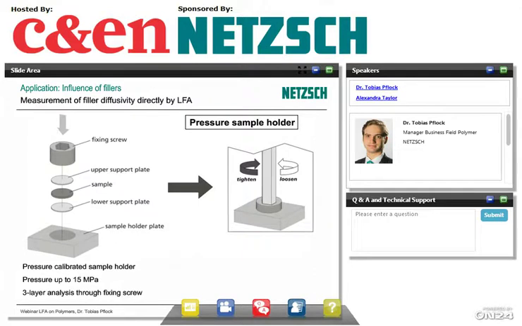That's the powder sample holder that you see here. You have to adjust the pressure in order to get reproducible results on powder samples. You can also just use discs that you compressed before with a certain pressure. So yes, you would have to set the pressure in order to measure powder samples.